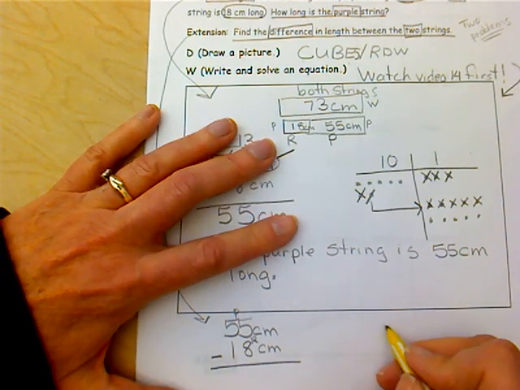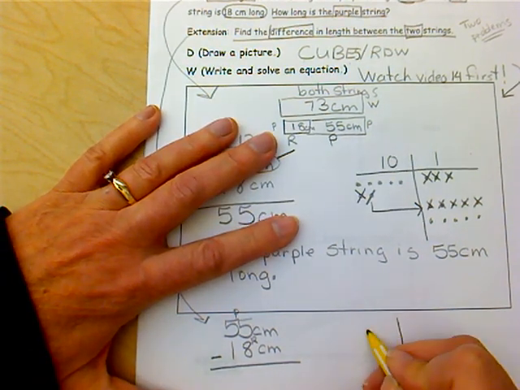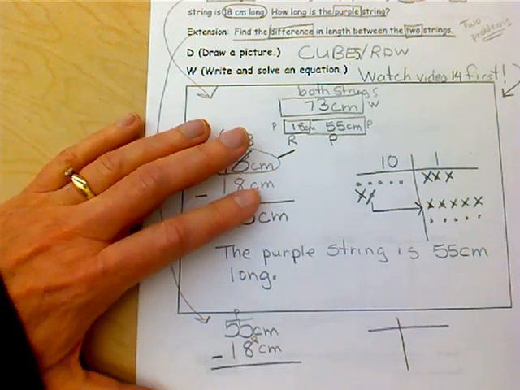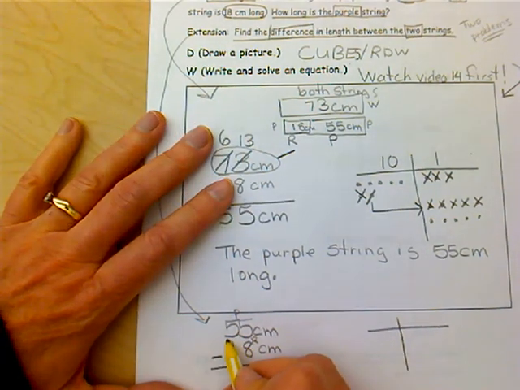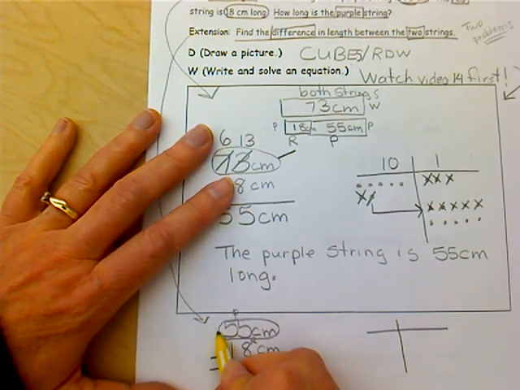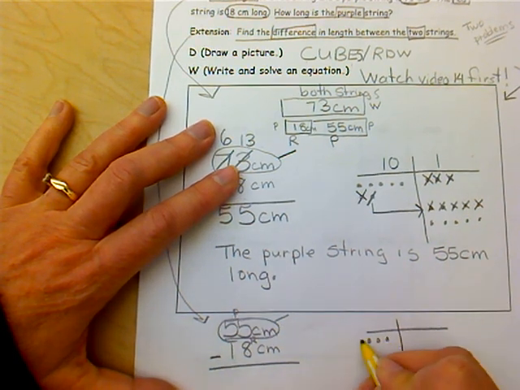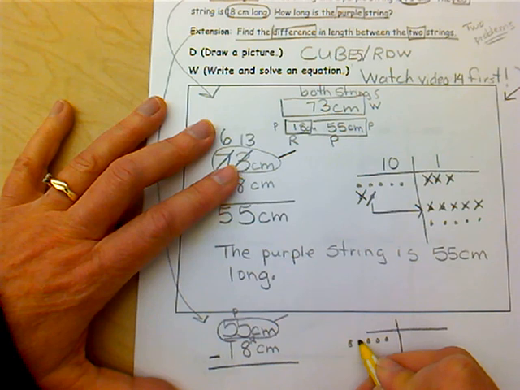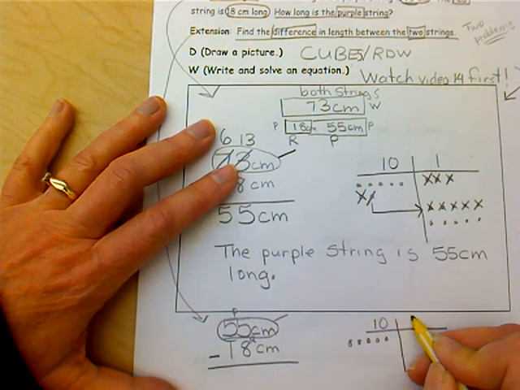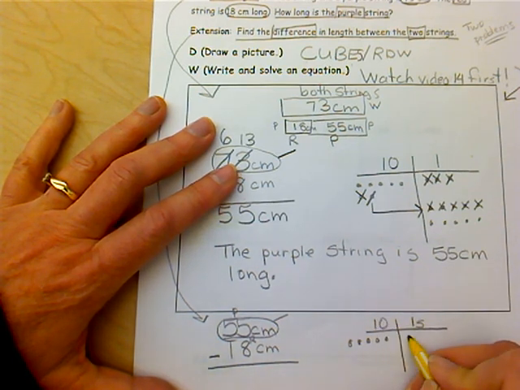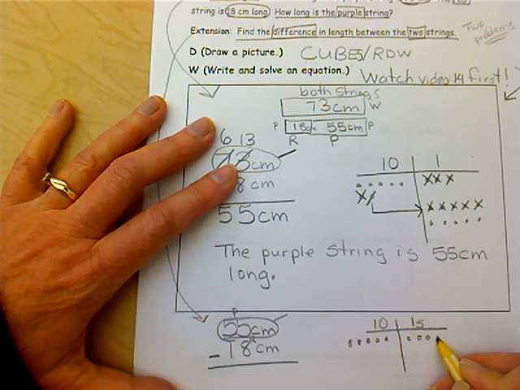So I'm going to draw my place value with the chip model, my whole that I'm looking at very carefully. My whole was 55. So I'm doing 5 chips, so I have 5 tens. Oops, that's my tens. That's my ones, and I also have 5 ones.